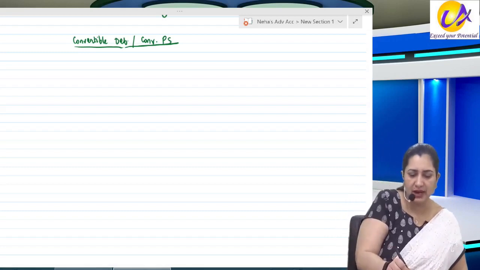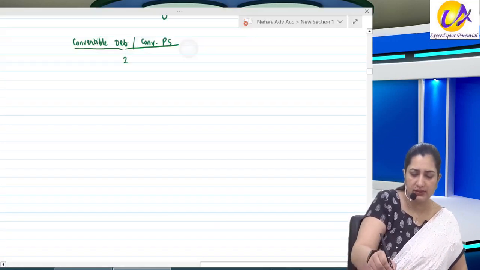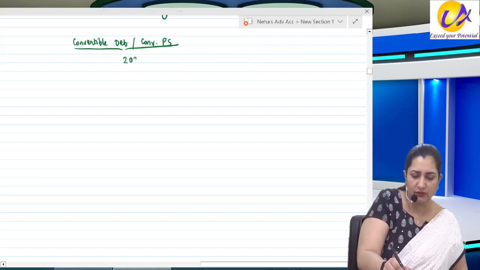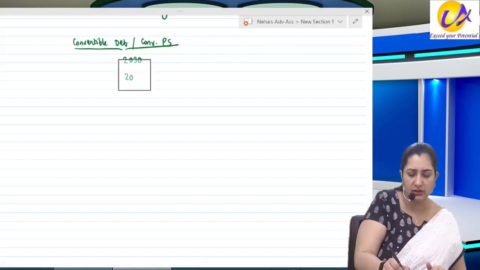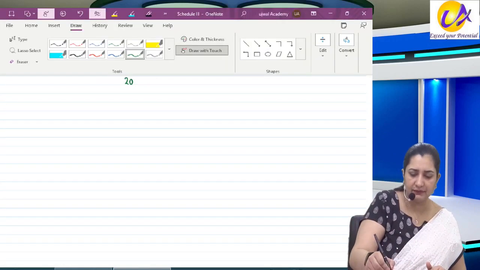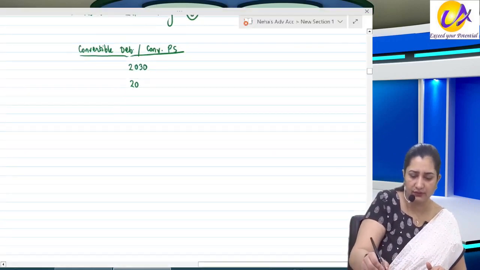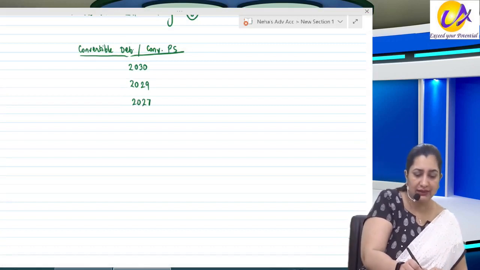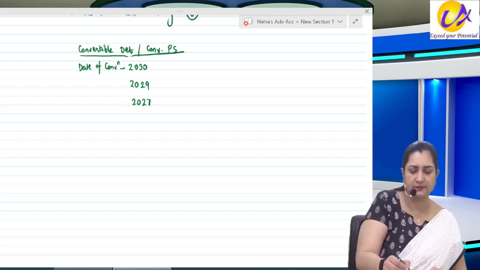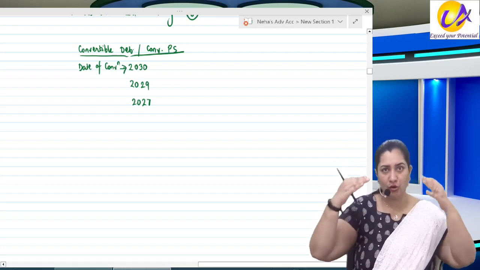Suppose some are convertible in 2030, so we will write convertible 2030. Some are convertible in 2029, some in 2027. So this is the date or year of conversion, and you have to give it in that form.